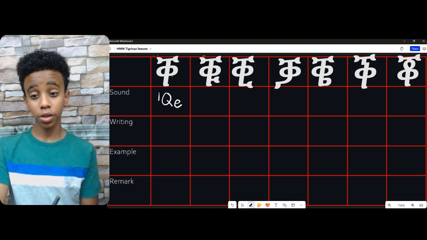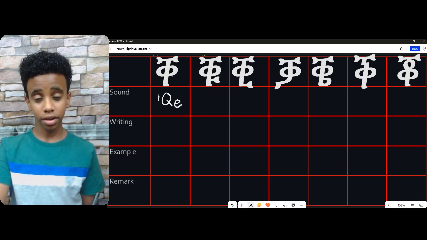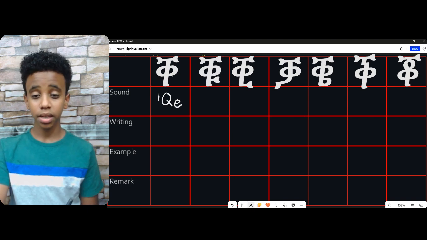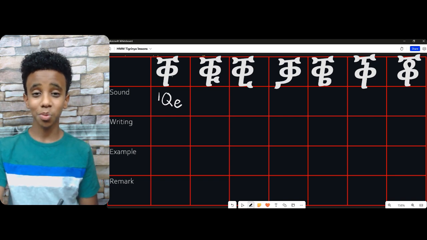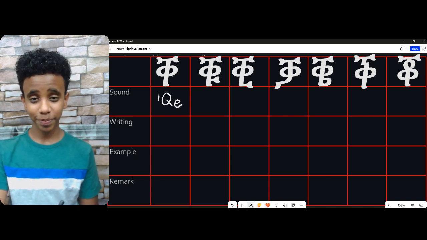And so this principle with the apostrophe QE will apply for this entire letter set. And so this just means that when you were to write the Tigrinya letter set of A, you'd use apostrophe QE.